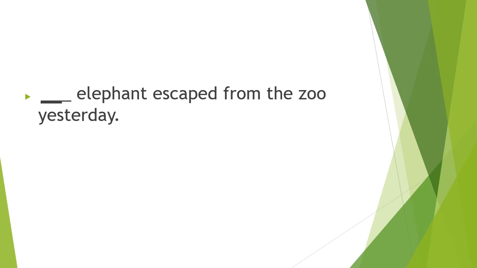Next is dash elephant escaped from the zoo yesterday. What comes here? An, because the noun elephant is having a vowel sound E. So, an elephant escaped from the zoo yesterday.